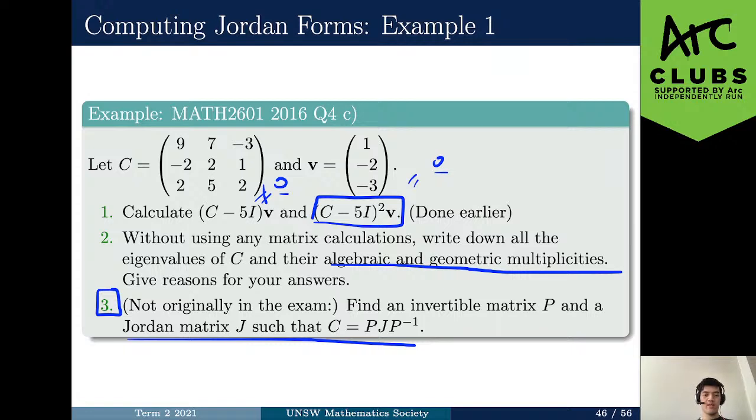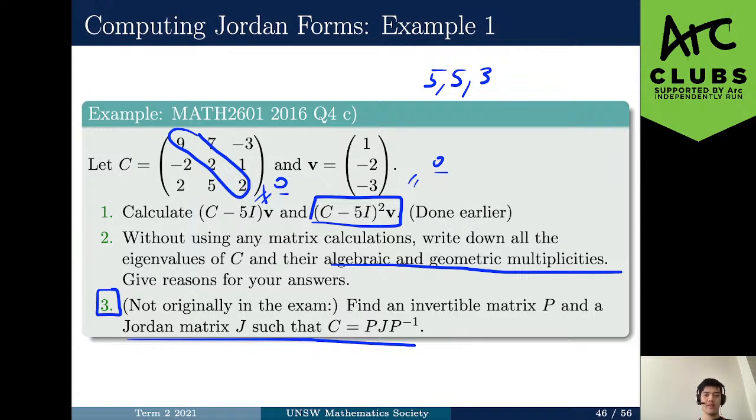In other words, that's saying that the eigenspace corresponding to the eigenvalue of 5 has a dimension that is at least 2, right? The algebraic multiplicity is at least 2. So we know that 5 and 5 are 2 of the eigenvalues, and then we can just use the trace to work out the last one. The trace here is 13, so the last eigenvalue must be 3.